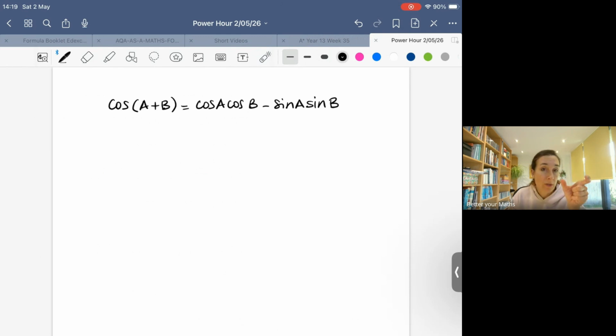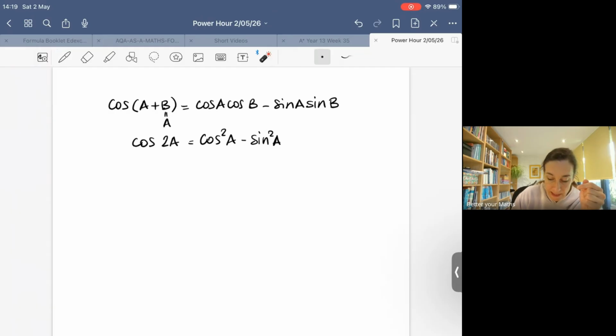You don't have the double angle. Yeah, what you're going to do to deduce it is just write that A is equal to B, and then you have cos A, which is cos squared, sine A, yeah, minus sine squared. So this is cos of 2A. So this one is in the formula booklet. This one is not, but it's very easy to deduce.